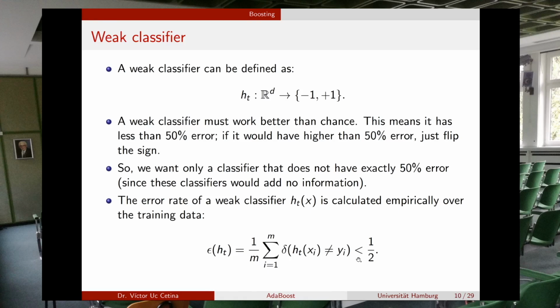And here what we're saying is that you should make sure that this error is less than 0.5. In this example, if your error is 0.5, then this is not a good weak classifier, so you need to try another one. Okay, you should make sure that the error is less than 0.5, and that's the way you compute the epsilon for every weak classifier.